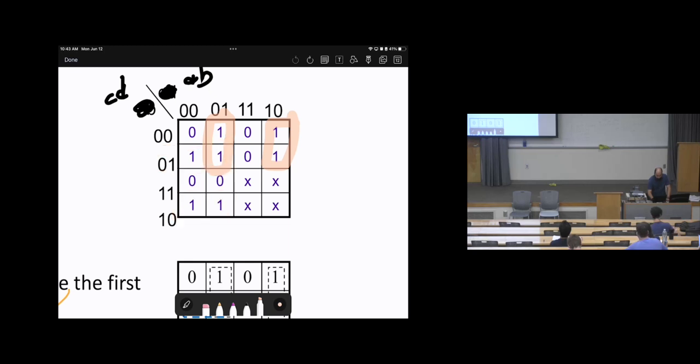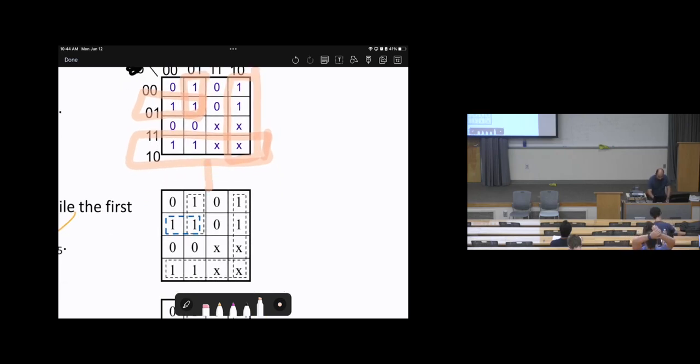But if we use the don't care, we can group these 4 here, then we can group these 2 here, these 2 here, then we can group these 4 as well. Okay?